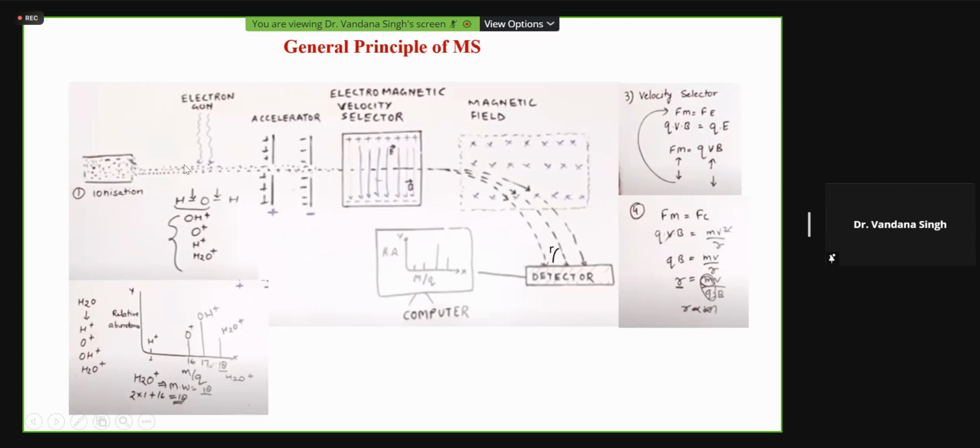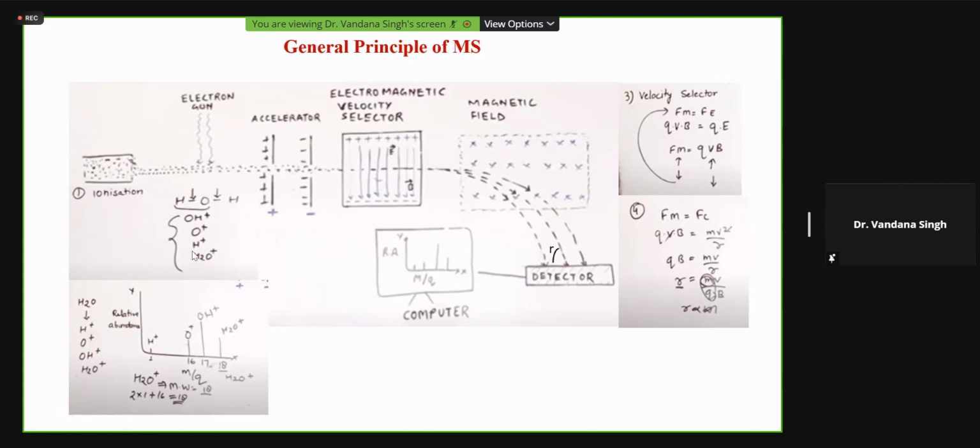And then these ionized particles are accelerated to a certain velocity. Then they are passed through a velocity selector. And then this analyte of certain velocity is passed through a magnetic field to reach the detector, and the detector detects the signal in the form of this graph.